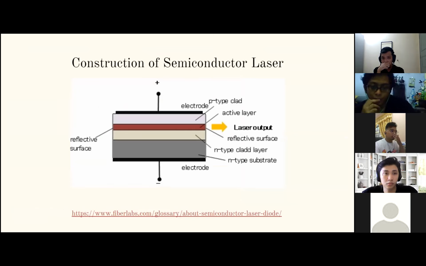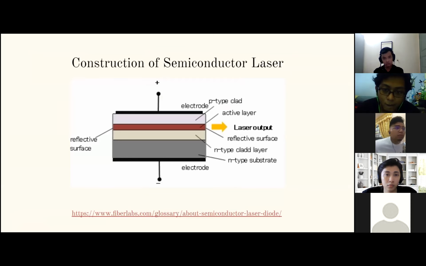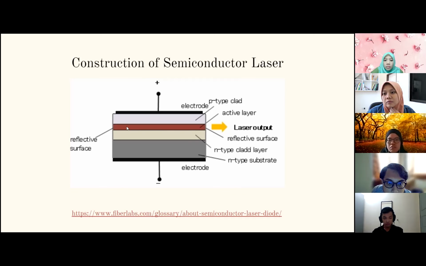To make the intensity of that coherent photon even greater, we put a reflective surface such as a mirror on both sides of the active layer, so that the coherent photons can bounce and produce more coherent photons. Then, for one of the reflective surfaces, the reflectivity is reduced a bit, so that after some time, when the desired intensity of photons is achieved, it can go out and become laser.